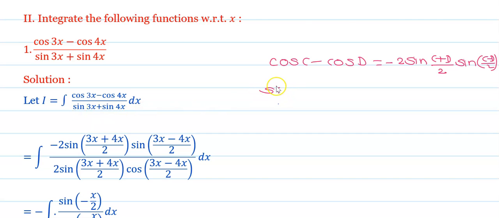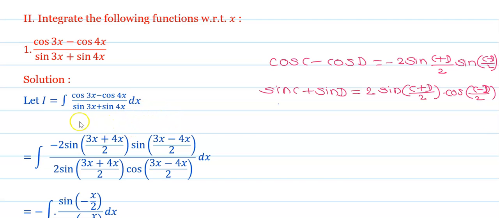Again sine c plus sine d, and that is equals to 2 times sine of c plus d upon 2 into cos of c minus d upon 2.